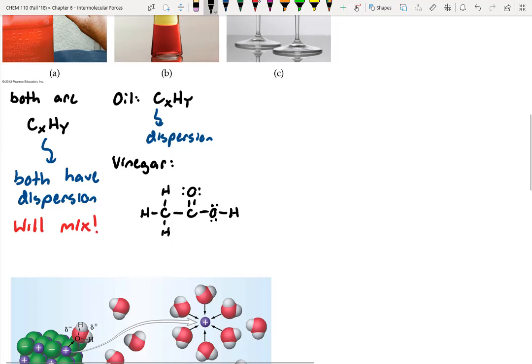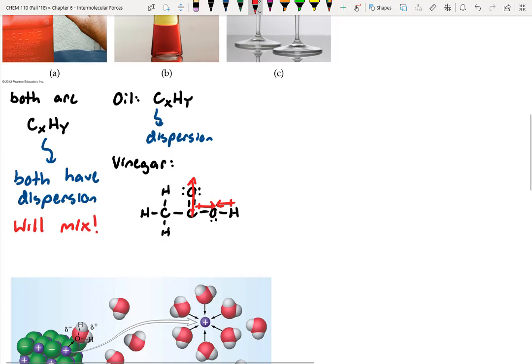All right, then we go to dipole-dipole. Is there a permanent dipole in here? I'd say yeah. The oxygen's really electronegative, so it's going to pull electron density away from that carbon and away from that carbon and away from that oxygen, right? So those oxygens are really greedy. They're going to hog the electron density. All right, so it definitely has dipole-dipole.